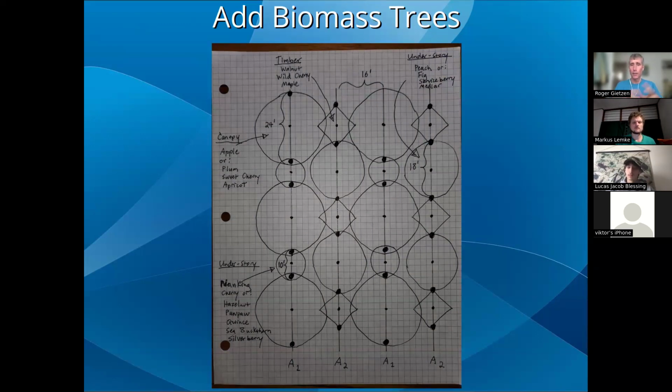You can come up with what are the production trees you want to grow, get some graph paper, start drawing it out. How are you going to do it? What species are you going to include? And then either hire somebody, or if you can find people to give you feedback, maybe, and then learn from the process of doing it.